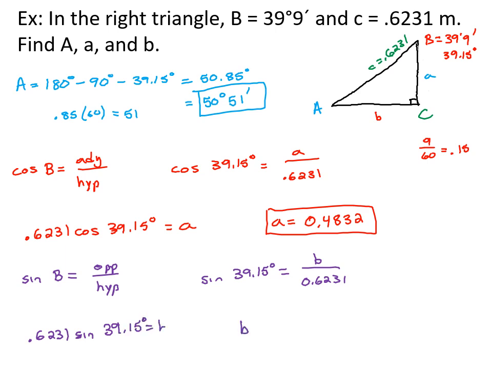That would have to be equal to b. And then we go back to the calculator. 0.6231 times the sine of 39.15 gives me 0.3934. And you might get that same thing if you did the Pythagorean theorem, but I can guarantee you'll get a better answer doing the trig function.